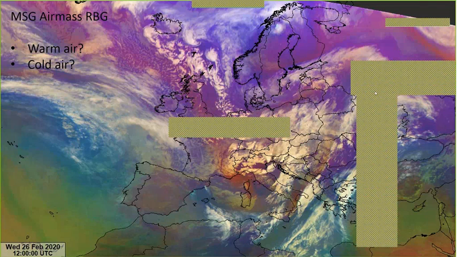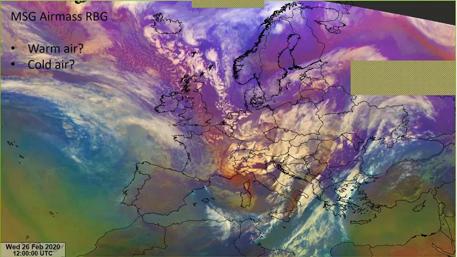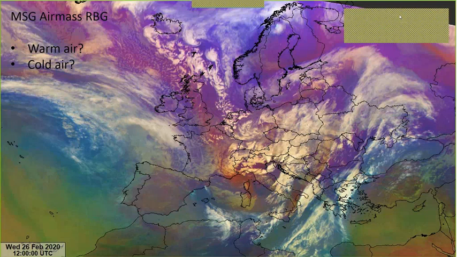So now I will give you the rights to use your annotation tools again to draw a line where you assume that the cold air and warm air are dividing into.